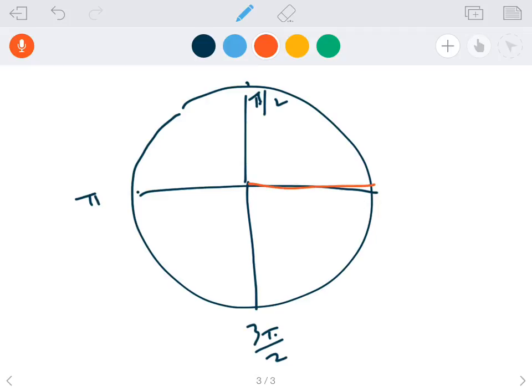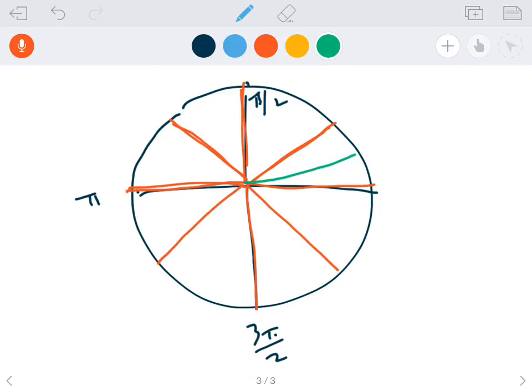So here's 0, 1 pi over 4, 2 pi over 4, 3 pi over 4. Wait, I messed that up. 1 pi over 4, 2 pi over 4, 3 pi over 4, 4 pi over 4, 5 pi over 4, 6 pi over 4, 7 pi over 4, and then count around by your pi over 6.